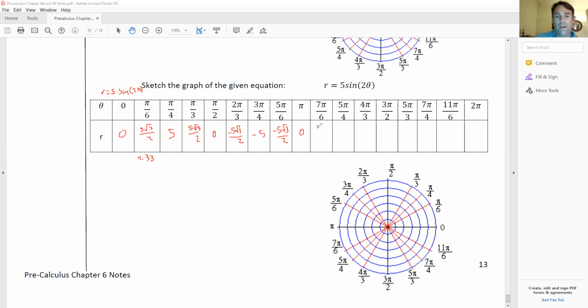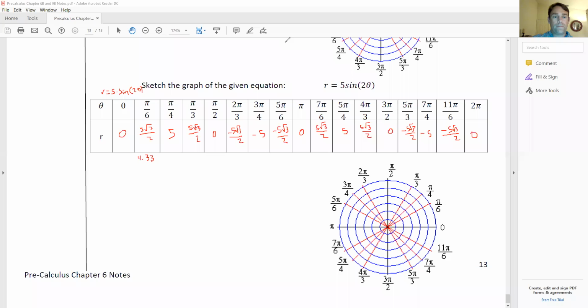And we keep going here. 5 root 3 over 2. And then we have 5. 5 root 3 over 2. And 0. And let's see, I got negative 5 root 3 over 2. Negative 5. Negative 5 root 3 over 2. And 0.